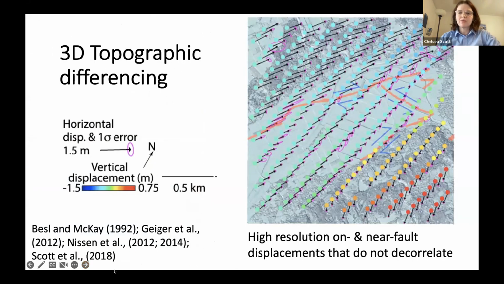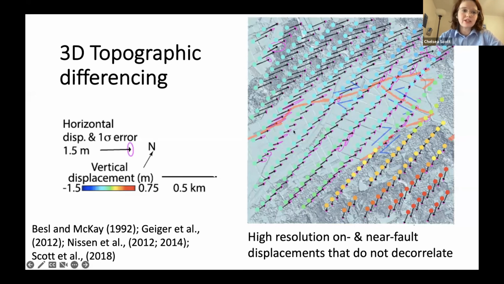So when we have topography data from before and after an earthquake, we can do topographic differencing. This picture on the right shows the results of 3D topographic differencing, where the arrows with the pink ellipses represent the horizontal coseismic deformation along with the uncertainty, and the colored dots represent the horizontal or the vertical deformation.